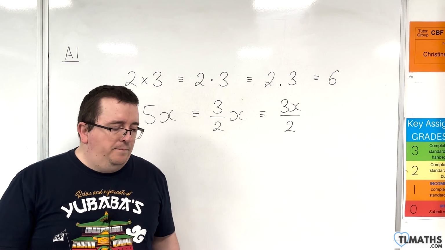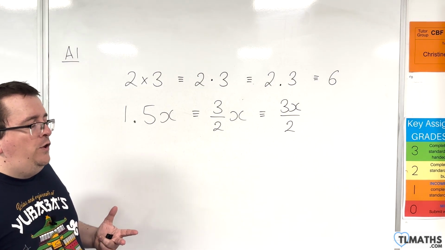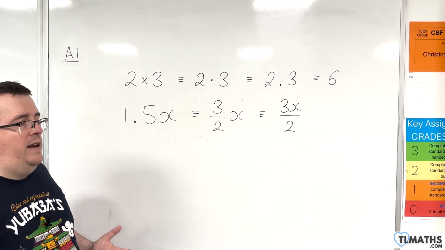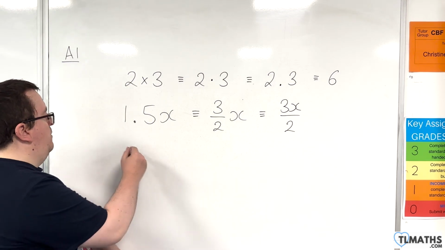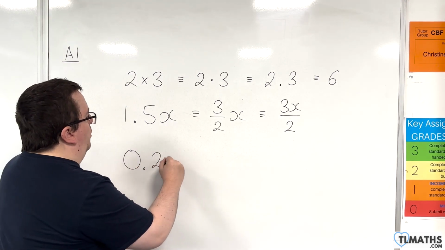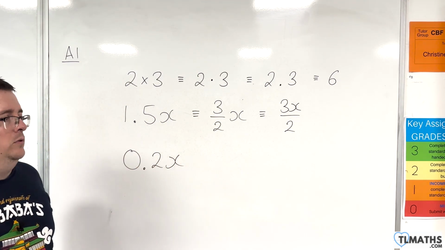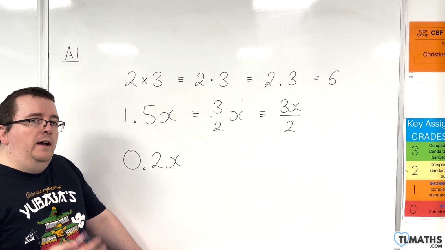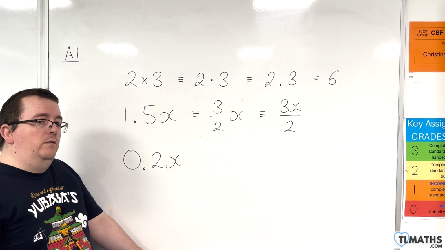And don't forget that if you're in a calculator paper, and you end up with, let's say, 0.2x, for example, then you can always type 0.2 into your calculator and convert it into a fraction.